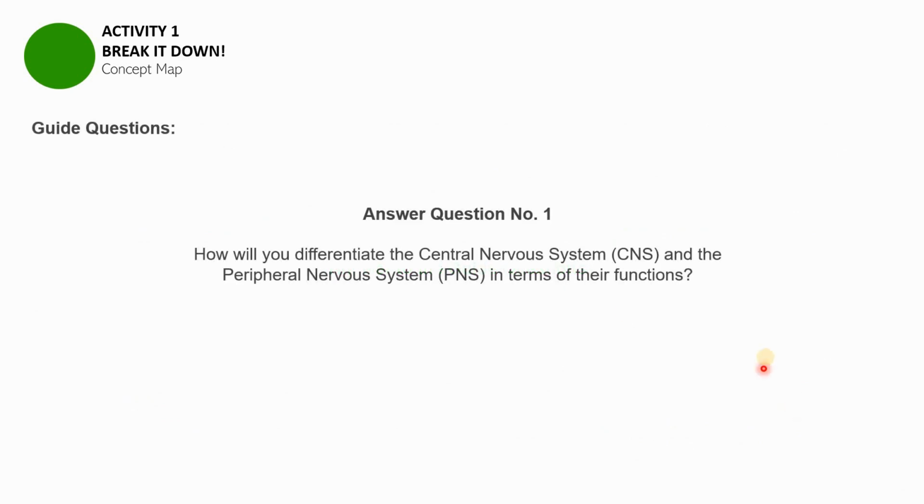The answer to the first guide question, question number 1, which goes, how will you differentiate the central nervous system or CNS and the peripheral nervous system PNS in terms of their functions?